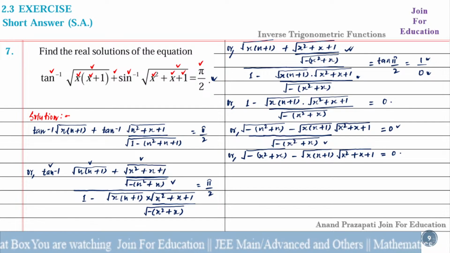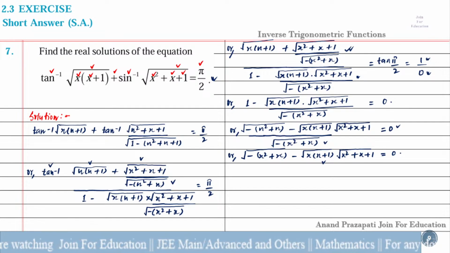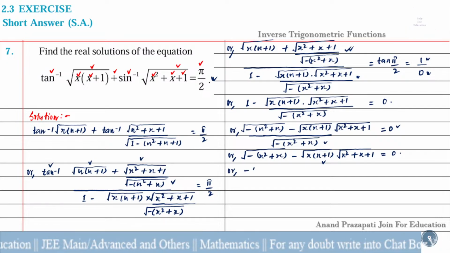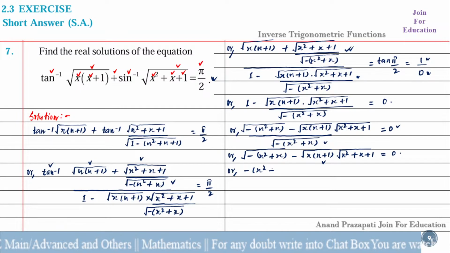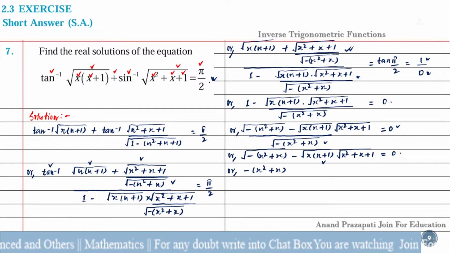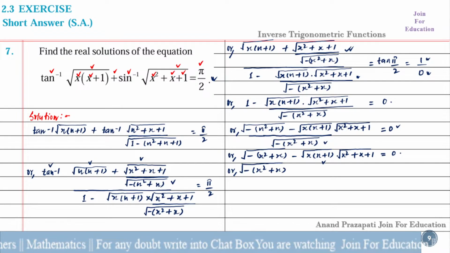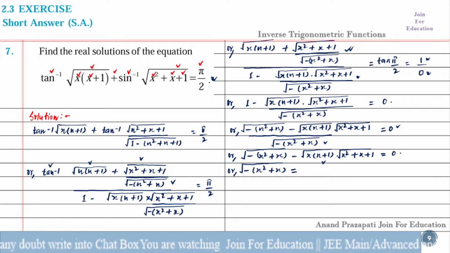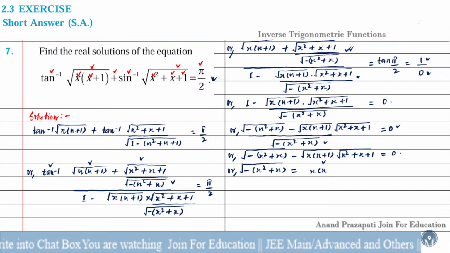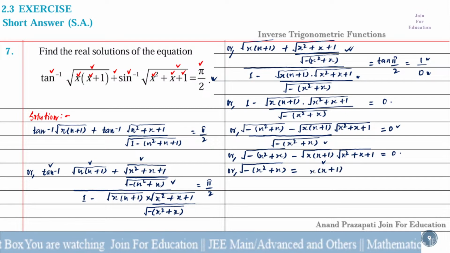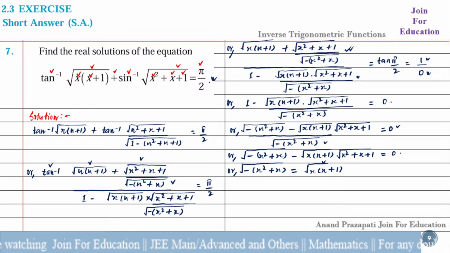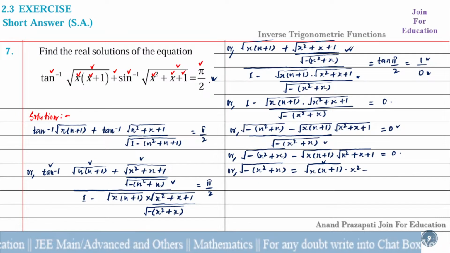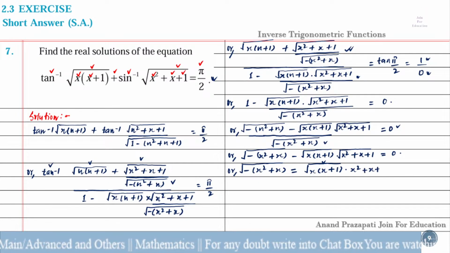Now we move this term in the right hand side, then in the left hand side we have minus (x square plus x) over root equal to, minus will be plus, x into (x plus 1) over root into (x square plus x plus 1) over root.